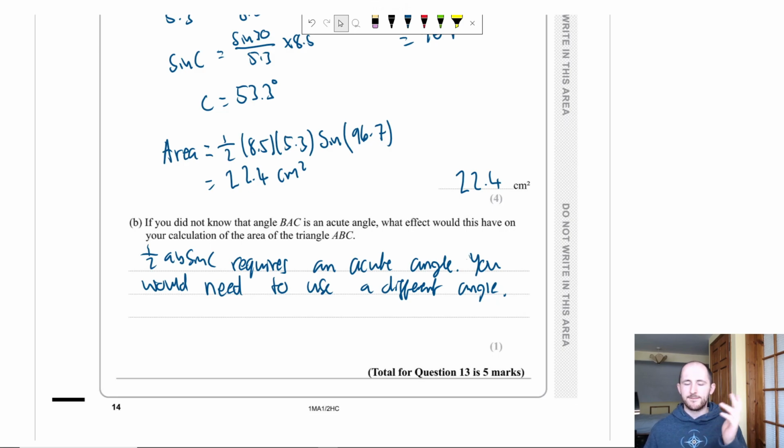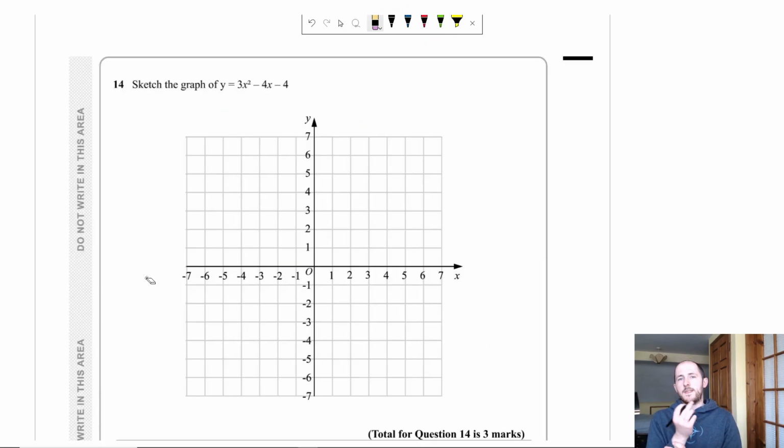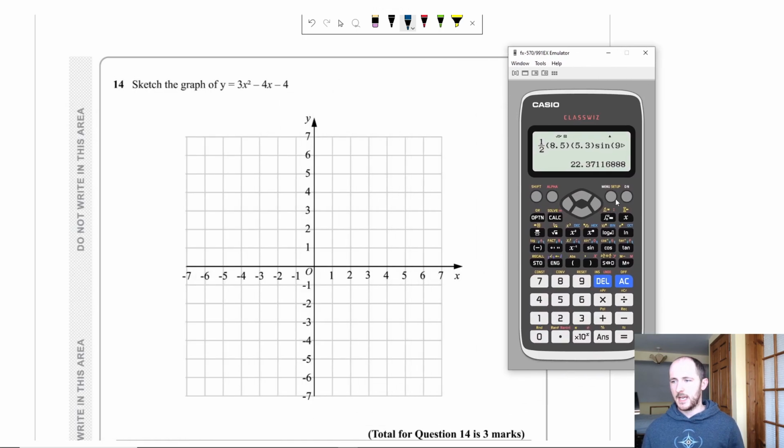With this question, it is a sketch, so you do not need to plot it exactly, okay? So one thing I was going to say is I was going to use this as an opportunity to once again show off how you can just type this whole thing into a calculator.